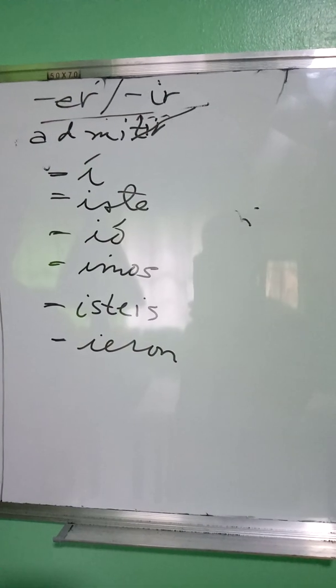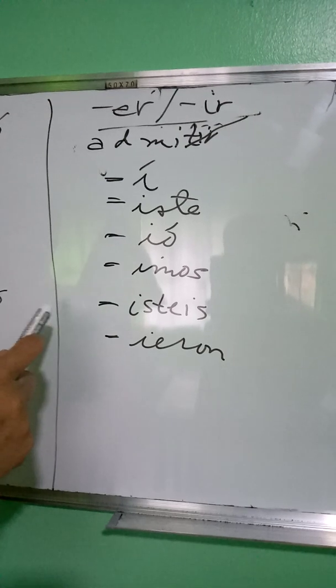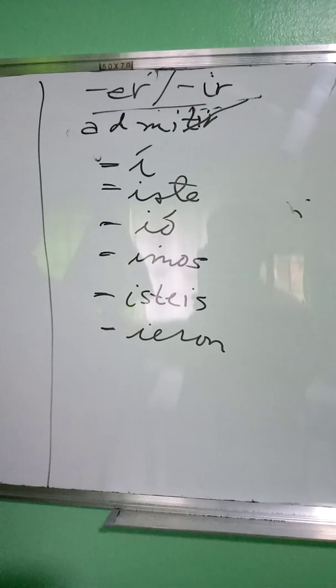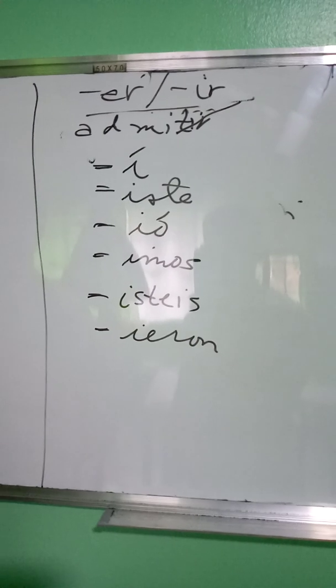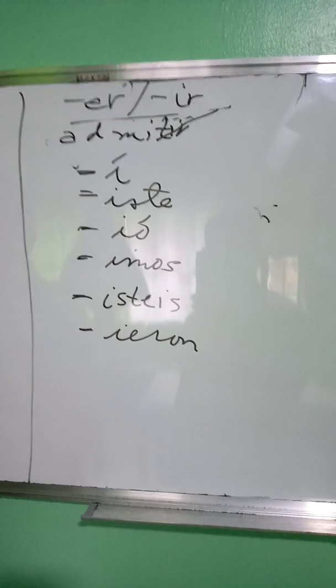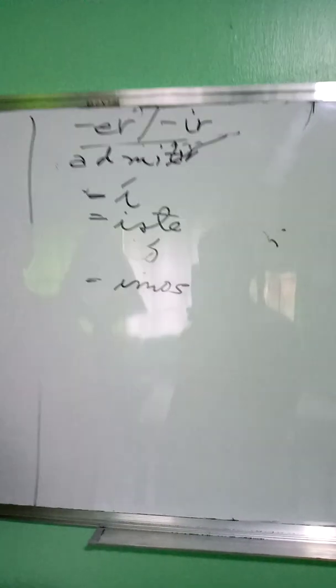Put the accent. Nosotros admitimos, vosotros admitisteis, then ellos, ellas, ustedes admitieron. Okay, get that? So these are the examples on how you do the past tense.